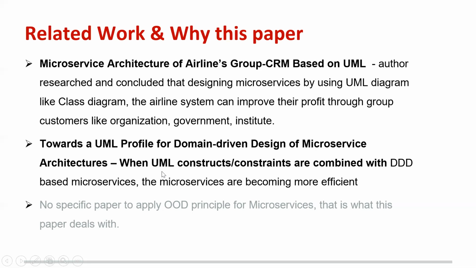These are some related papers. And what the new paper is going to do is use the OOD principles to design the microservice. It is not yet published, and this is probably a new paper for this topic.